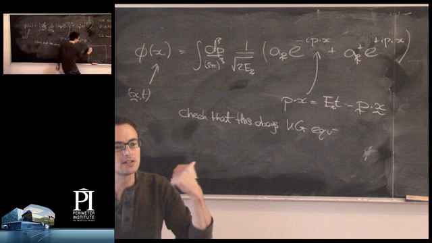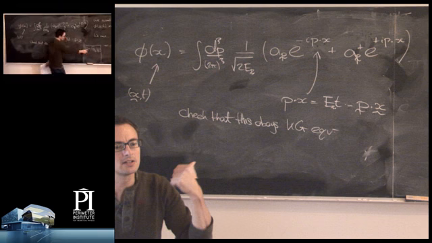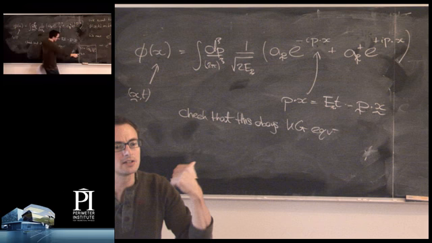But remember that, because I've confused you enough with dropping twiddles, the difference between this guy and this guy is some relativistic normalization factor. Some people define a similar object, a_p, which, when acting on the vacuum, will create this with this normalization.